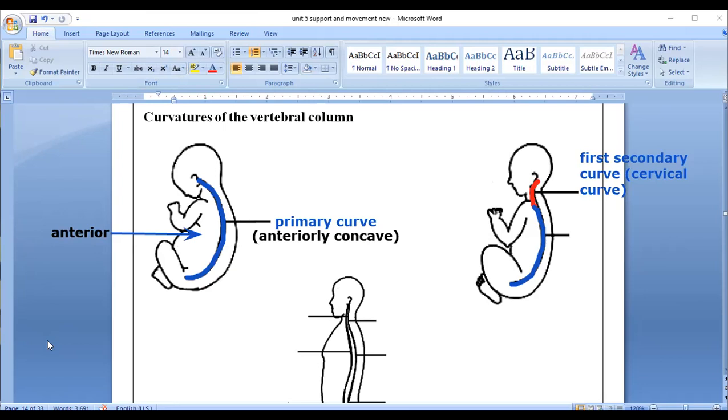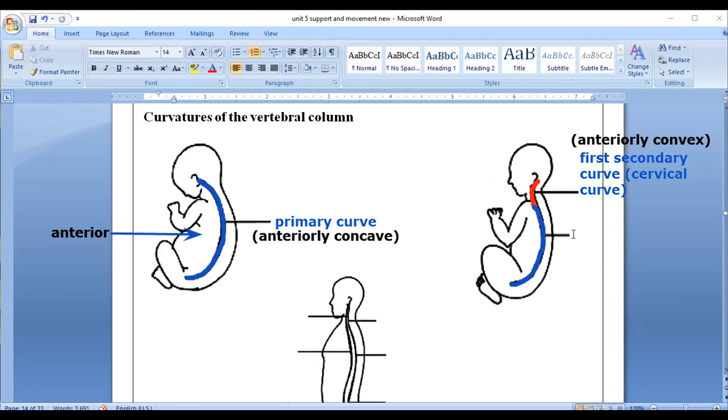But if you look at the secondary curve, is it anteriorly concave? No, it is anteriorly convex. Are you clear? Clear, sir.